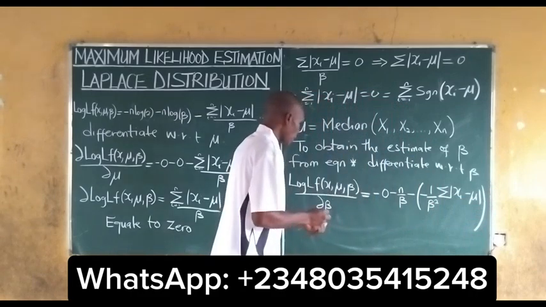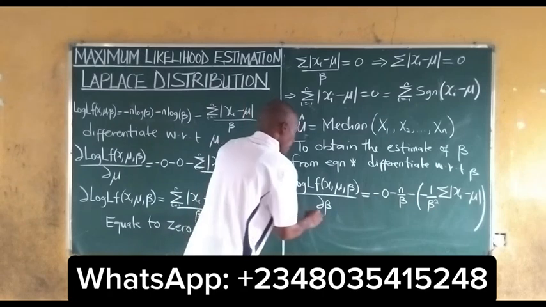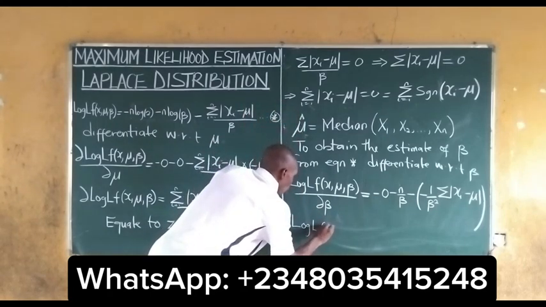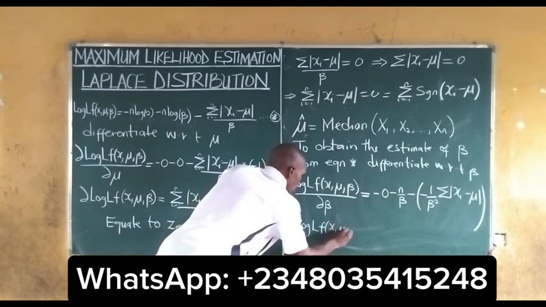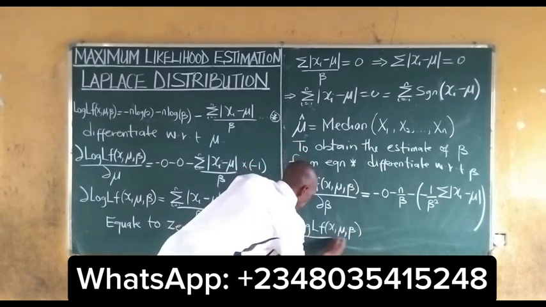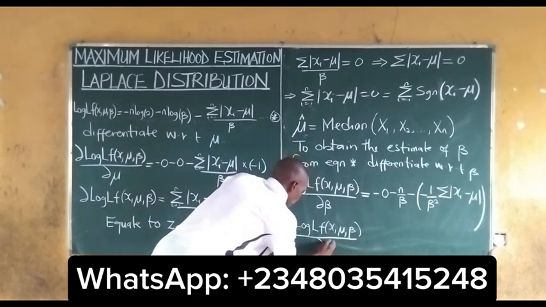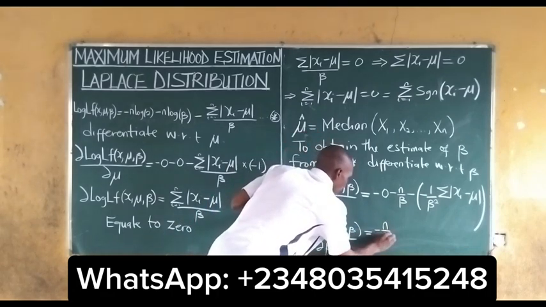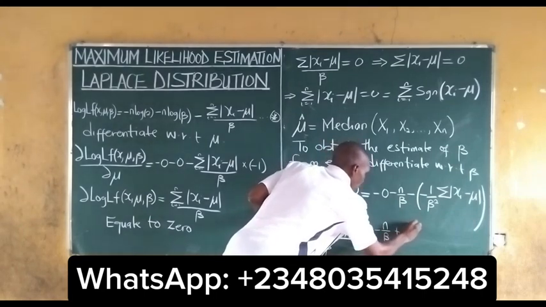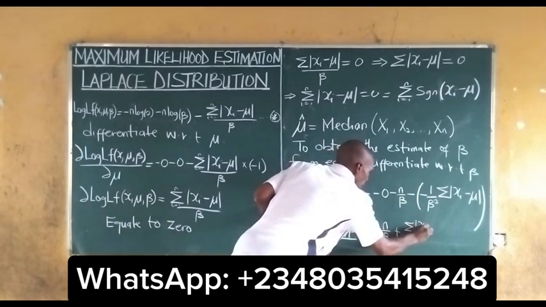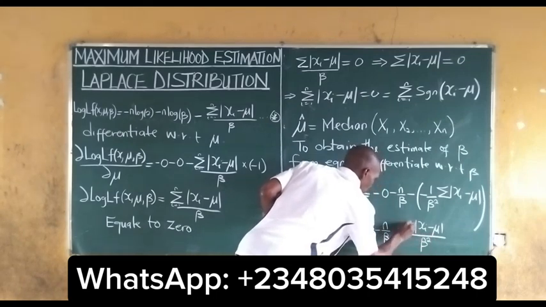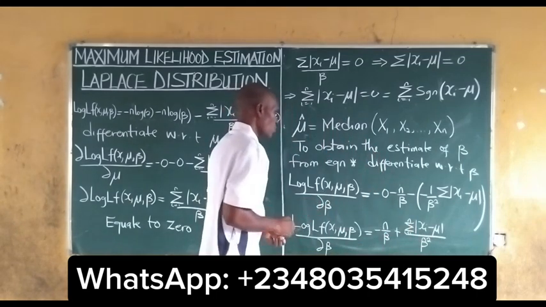It then means that if we want to write this properly, we'll have our log likelihood function of x, mu, beta, differentiated with respect to beta, is equal to negative n all over beta plus summation of xi minus mu all over beta squared. So this is what we get.